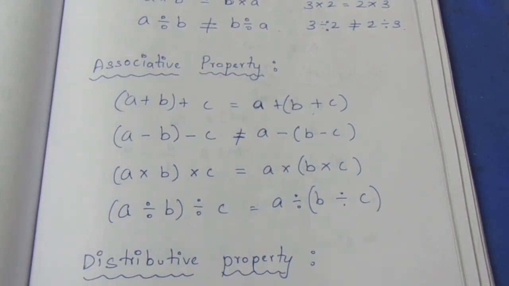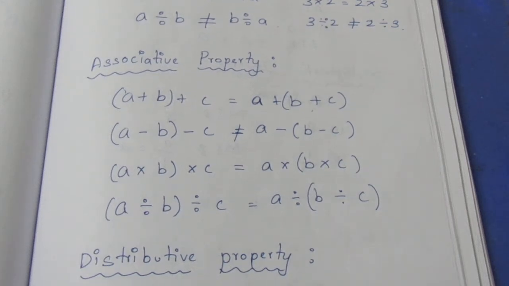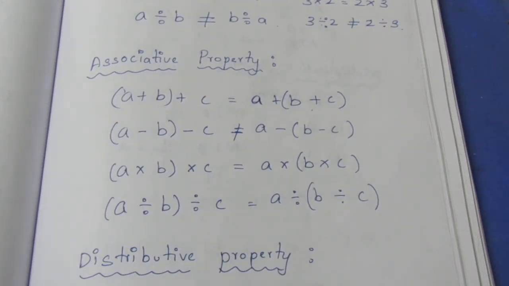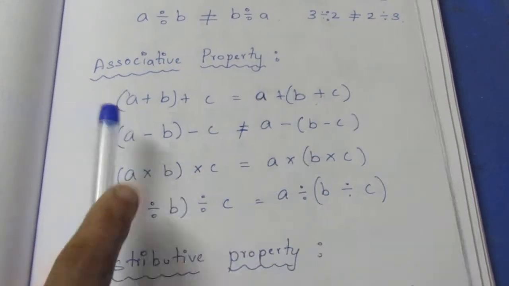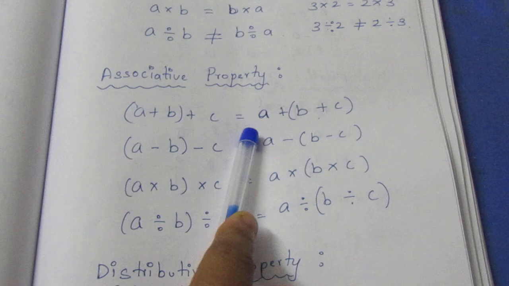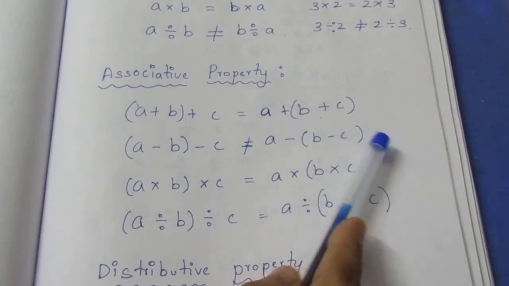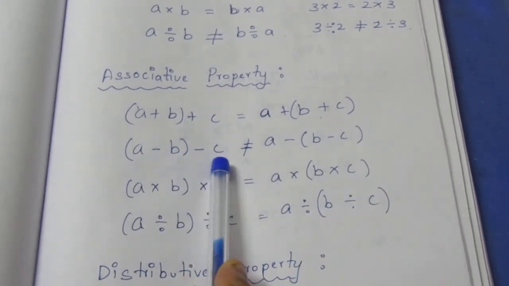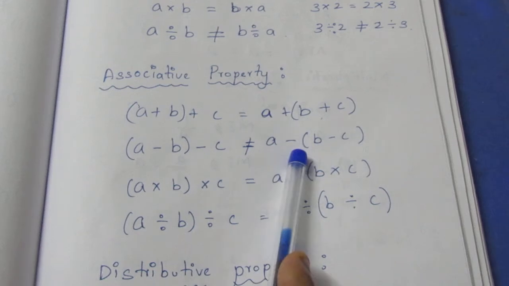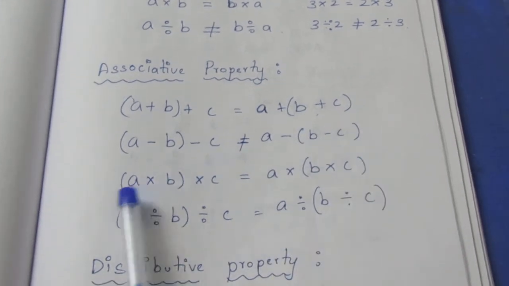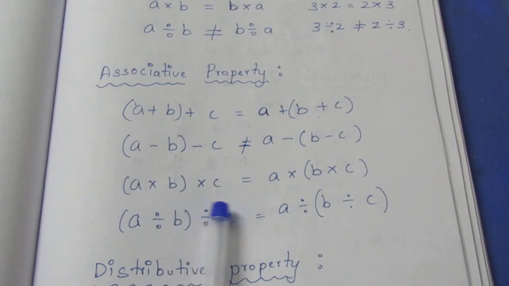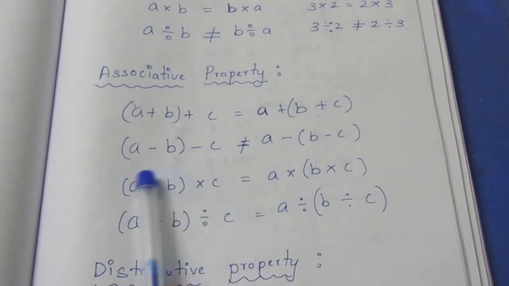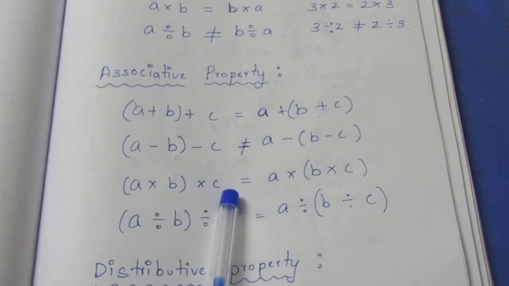The same way, for addition it is satisfied, for subtraction it is not satisfied. Even in multiplication it is satisfied, and division it is not satisfied. So (a + b) + c is equal to a + (b + c). Same way, (a - b) - c is not equal to a - (b - c). (a × b) × c is equal to a × (b × c), we need to follow BODMAS rule: first we need to solve the bracket only, then the other number.